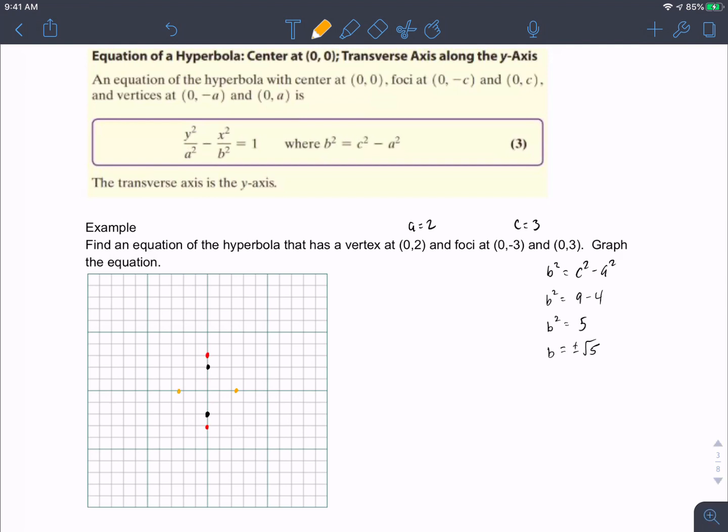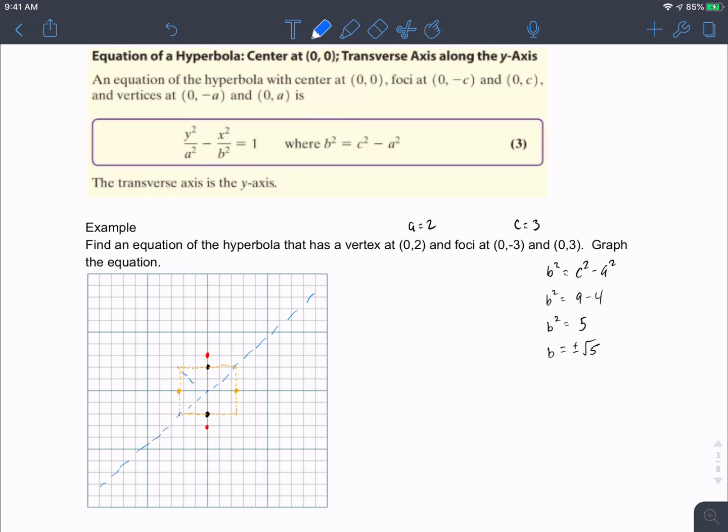And again, we want to make that box with the vertex and the conjugate y values, the points that go through the y values of the conjugate, to form our box so that we can create the asymptotes. So we're going to go corner to corner, right?